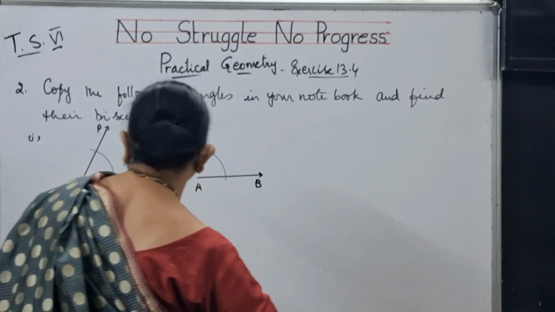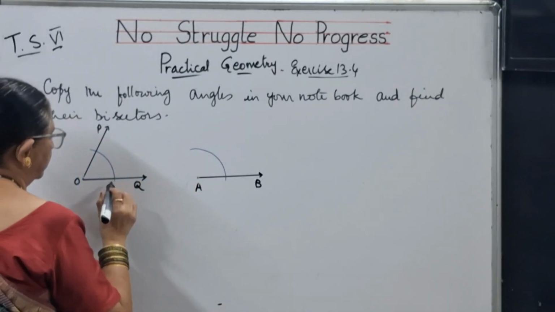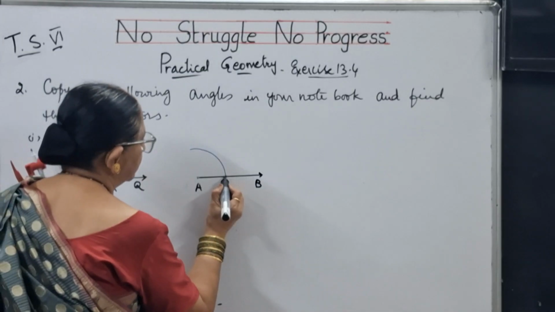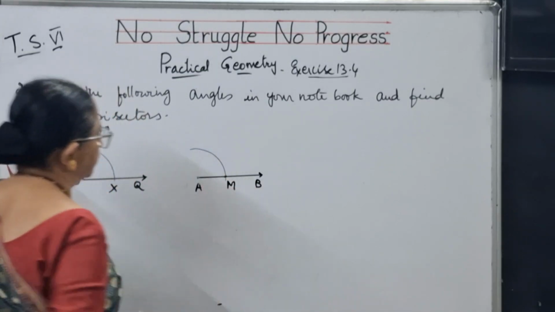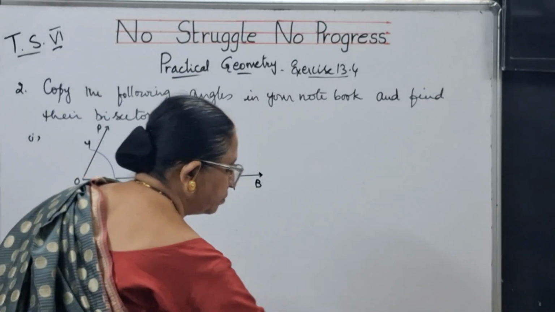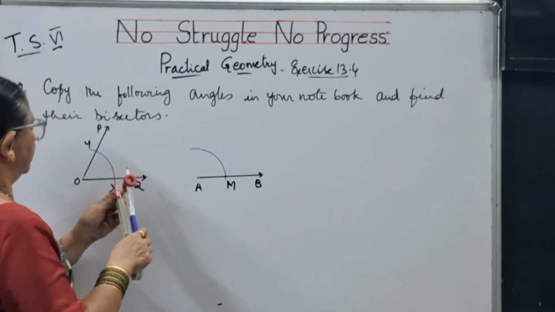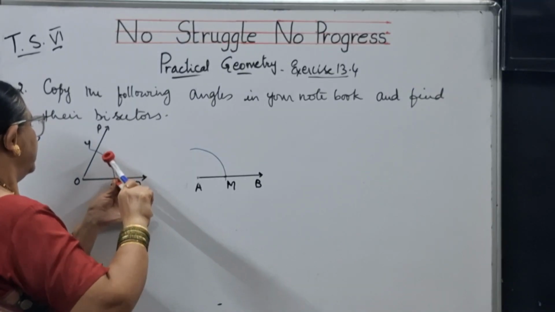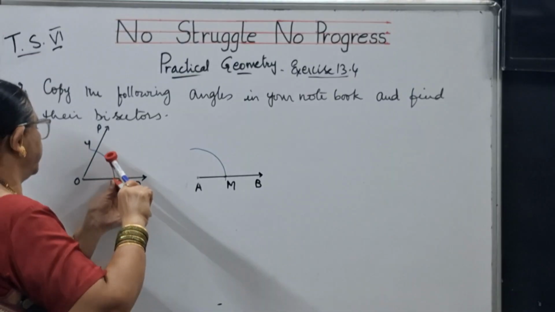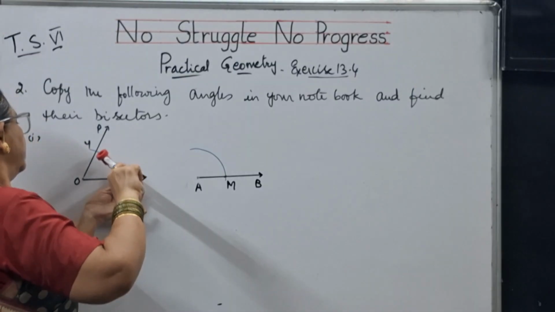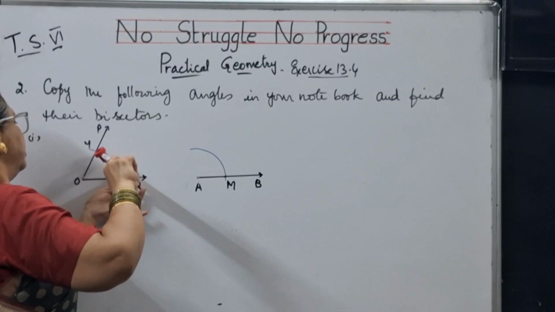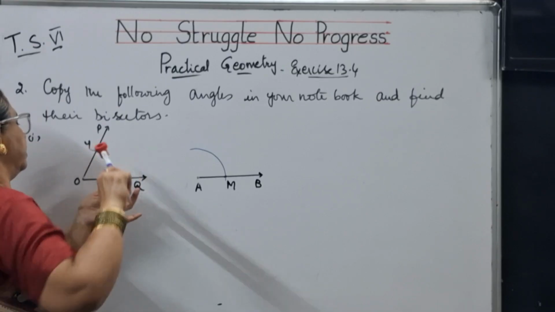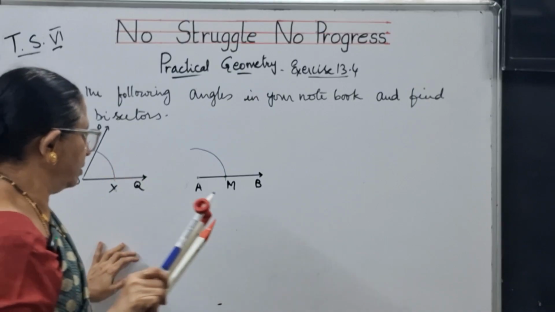Now let me take this as X and Y and this point as M. Now, keeping this radius, the pointer of the compass at X and producing it up to Y, you are taking the radius of XY.